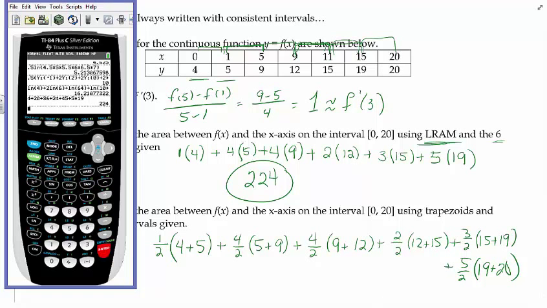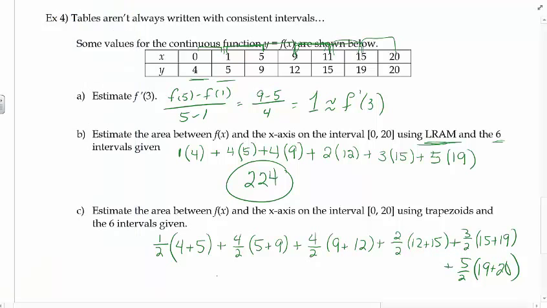So I have 0.5 times 9 plus 2 times 14 plus 2 times 21. Where am I? Plus 1 times 27 plus 1.5 times 15 plus 19 is 34. And 2.5 times 39.